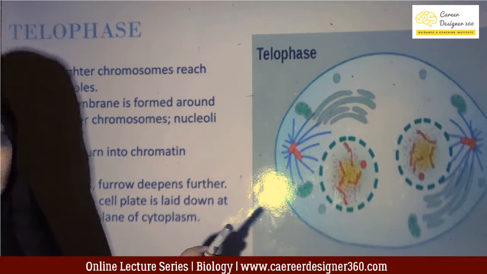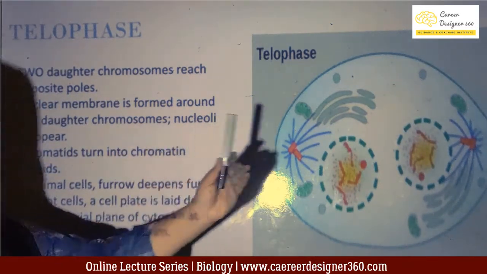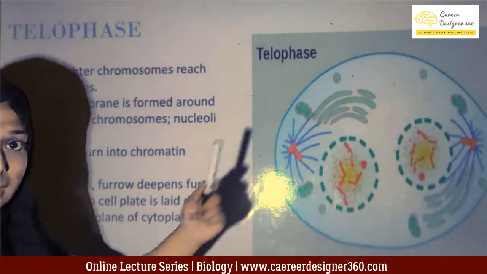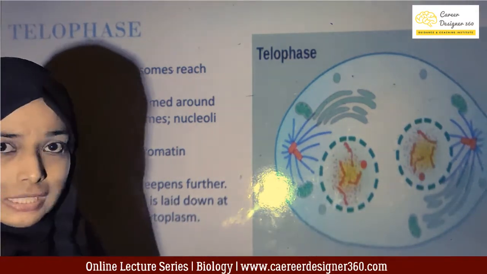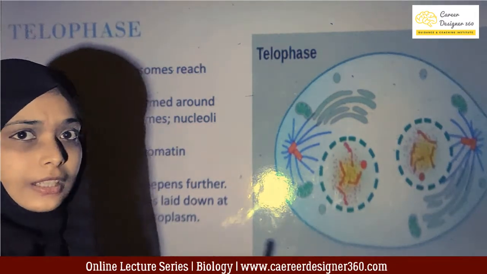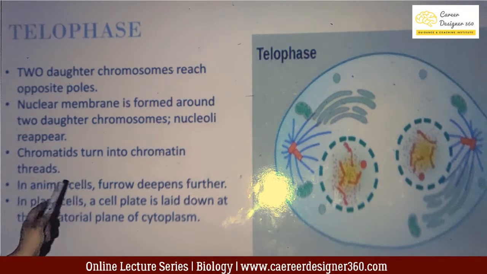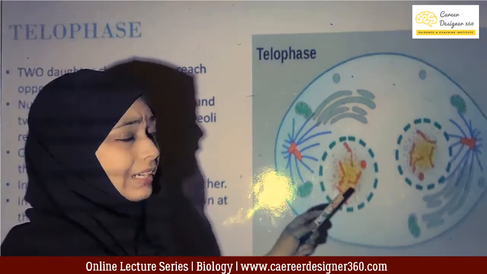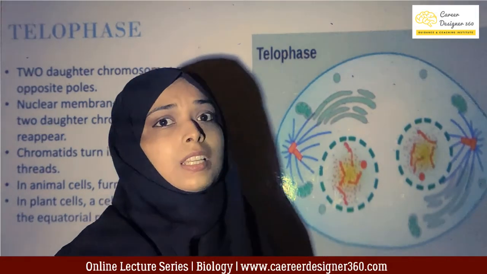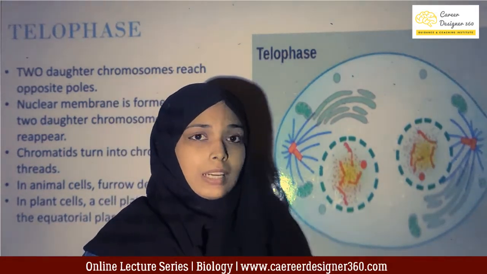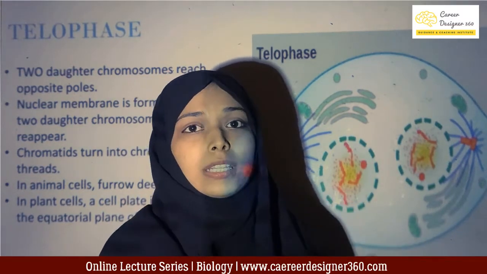and nucleoli also reappear. Next, the two daughter chromosomes have already reached the two poles, as we had seen in anaphase that they were moving towards opposite poles. Chromatids turn into chromatin threads. In the beginning I had said that cell division occurs in the form of chromosomes and not in the form of chromatin.